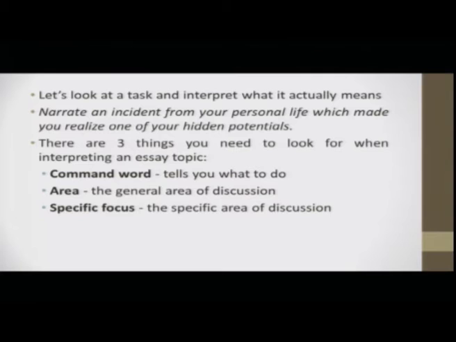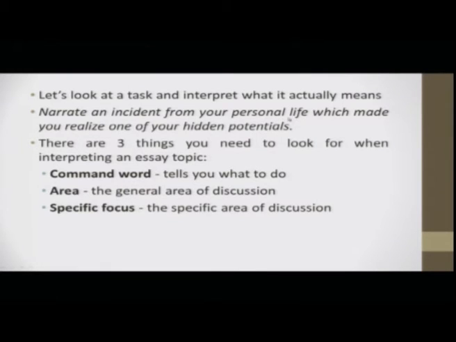So, what is the area? Area, if you can see here, is an incident from your personal life. So, the task very clearly says an incident, a single incident, and personal life. So, these are key things.